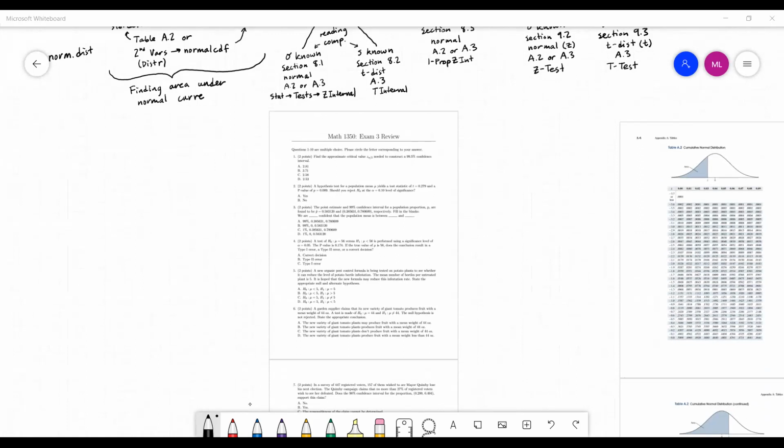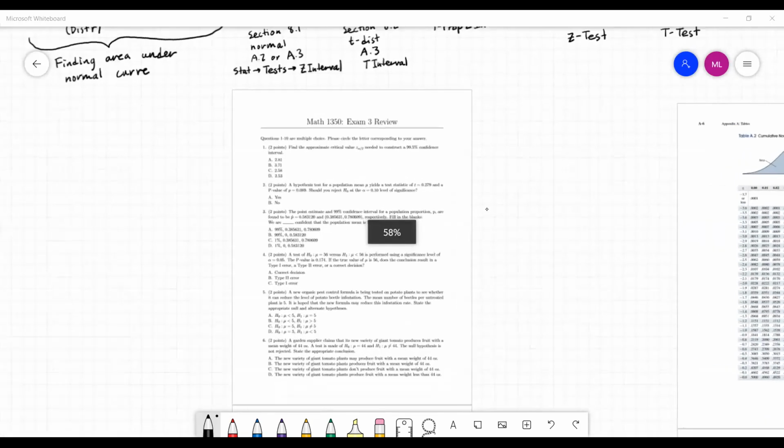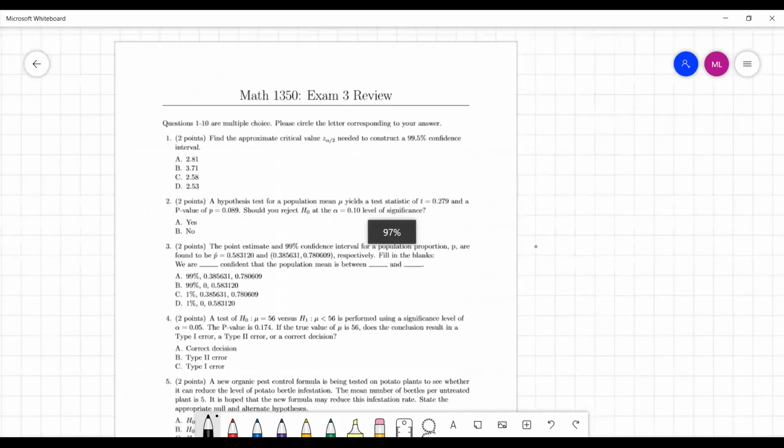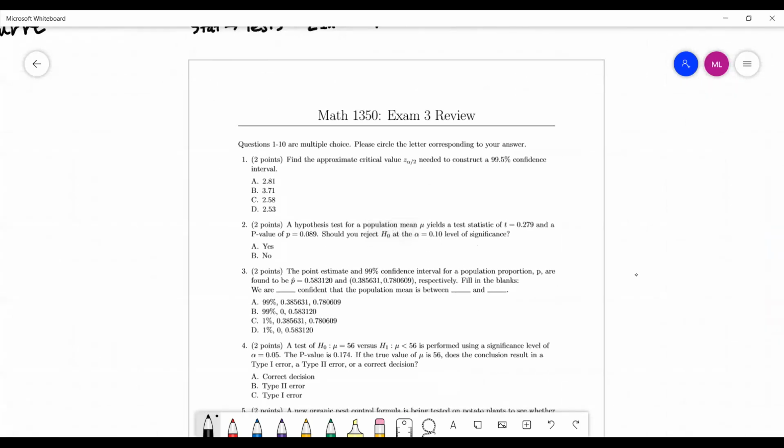Let me just make sure I've got everything we need. Okay. So let's do the exam review. Normally, I'd encourage you to skip the multiple choice and come to them at the end. But for now, let's just do them first.